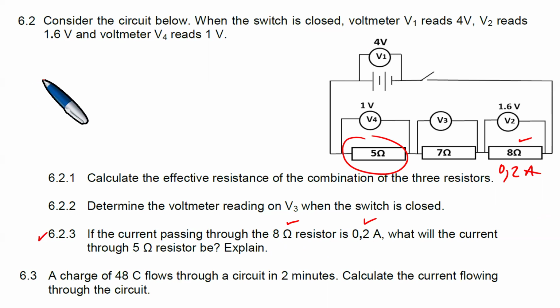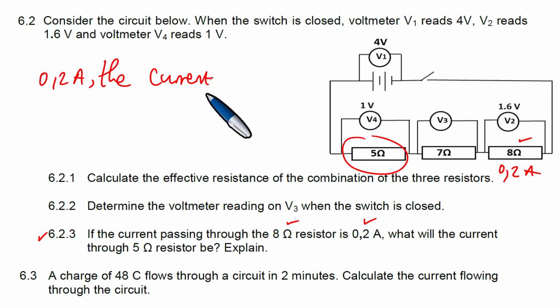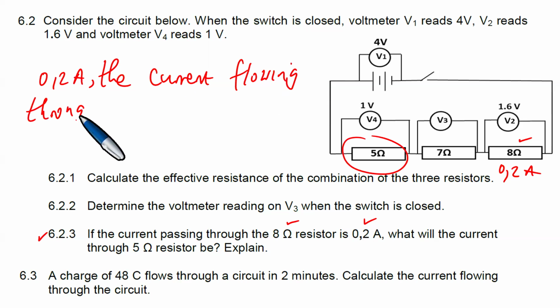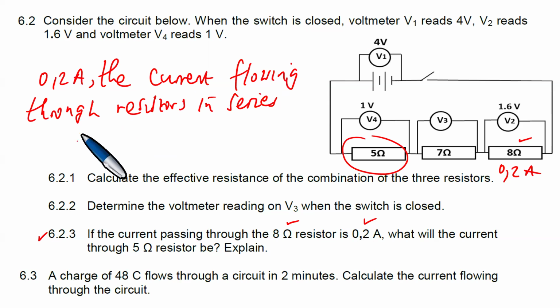In 6.2.3, it is exactly the same, 0.2 amperes. Why? The current flowing through resistors in series is the same. Because these are in series, it is the same current there. Positive, negative, and the current flows like that.